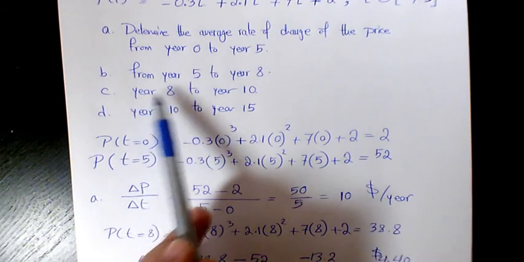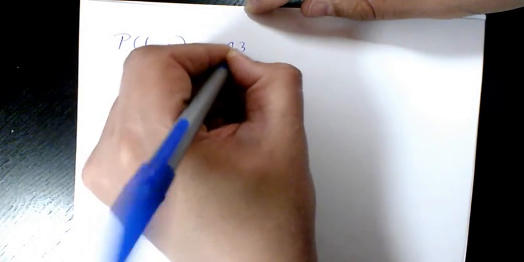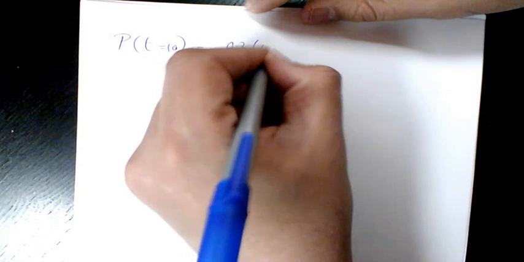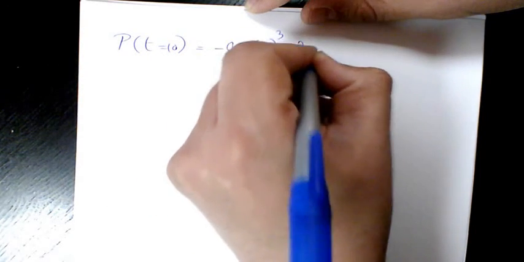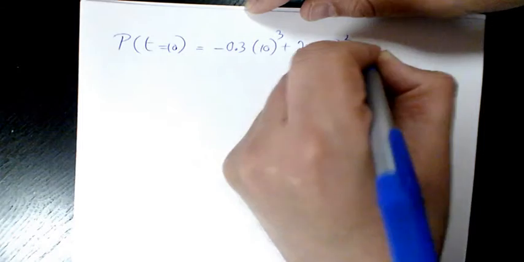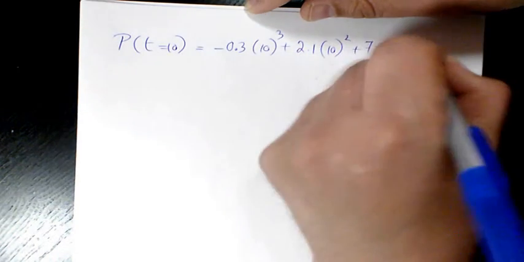Now let's do from year 8 to 10. From year 8, we have that. We need to find the price after 10 years. So it's going to be P of t equals 10: negative 0.3 times 10 to the power of 3, plus 2.1 times 10 to the power of 2, plus 7 times 10, plus 2.